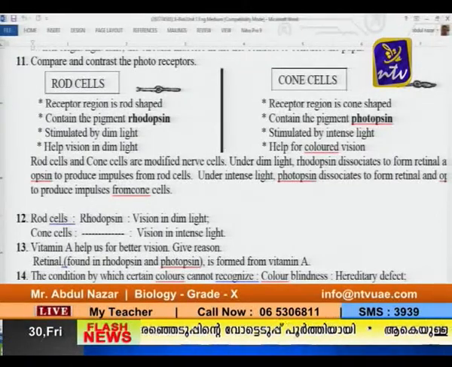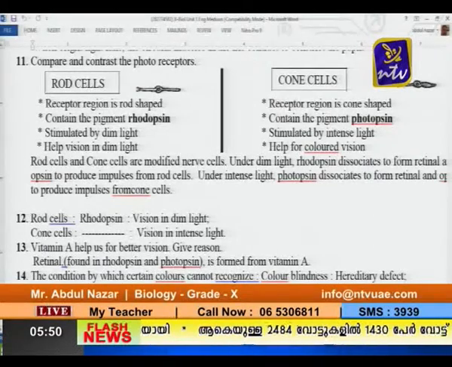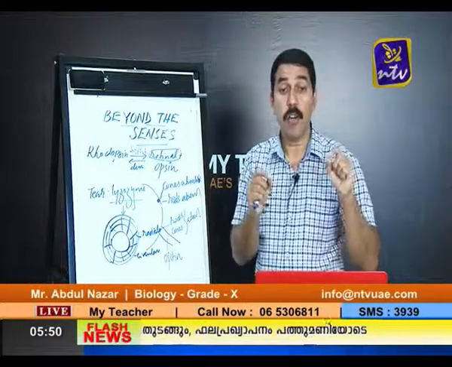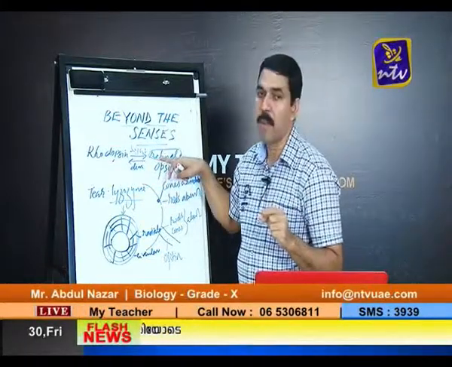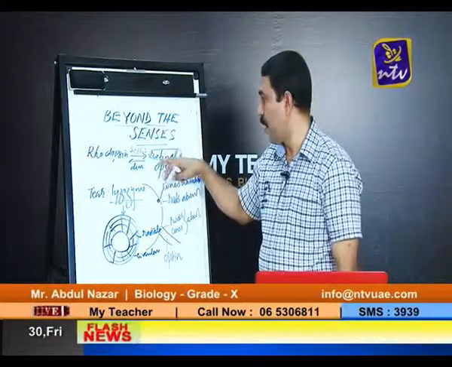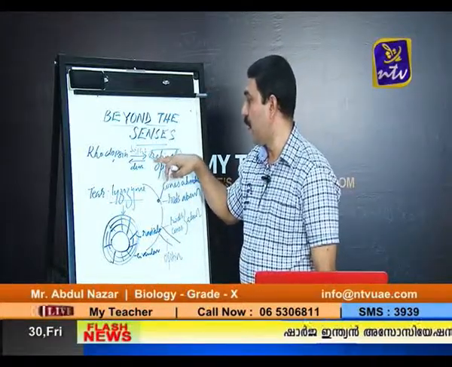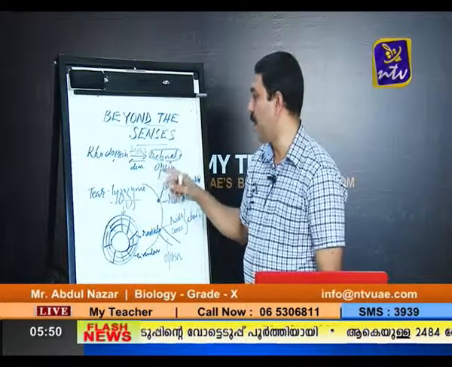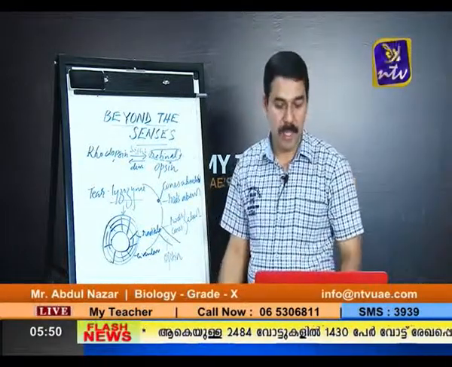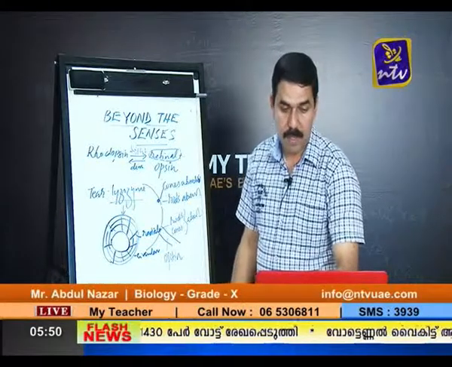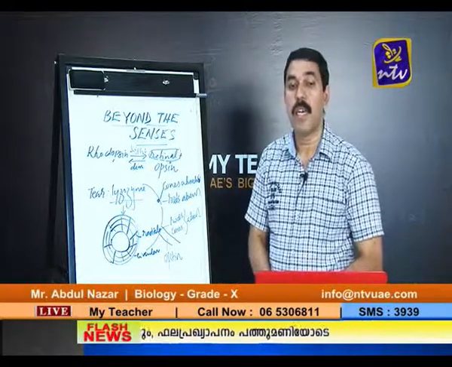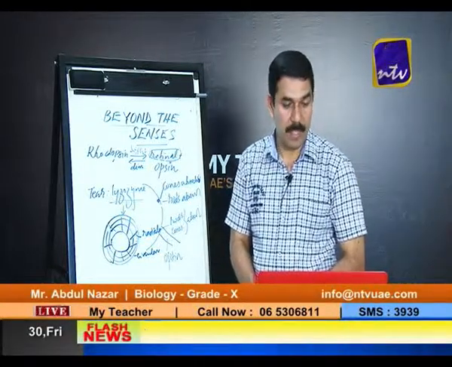Then another question which can be expected from this portion is regarding vitamin A. I already explained to you that a part of rhodopsin called retinal is formed from vitamin A. If a person's diet is deficient in vitamin A, that leads to a condition called night blindness, because retinal is formed from vitamin A. Then another question expected from this part: an owl has no vision in the daytime because its retina lacks cones completely.